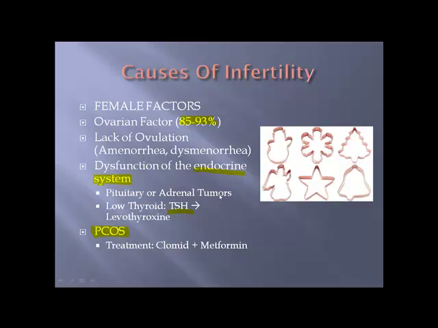But these are like one half of 1%. And most of these dysfunctions of the endocrine system are functional, and they can be corrected. In fact, we can correct the high TSH also. We can look at your whole endocrine system and work on those problems.